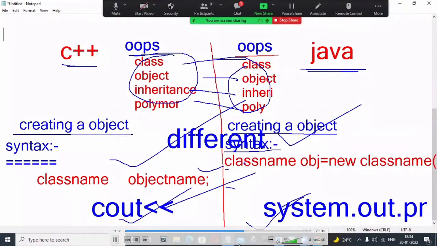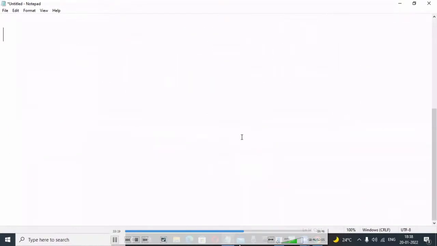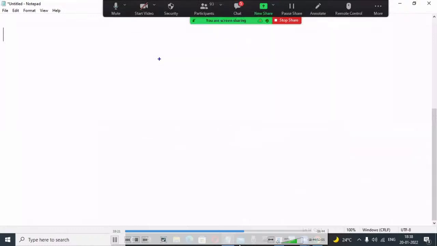Same like here also. SQL is an ANSI standard language. ANSI, the American National Standards Institute, defines some standards for the SQL language.